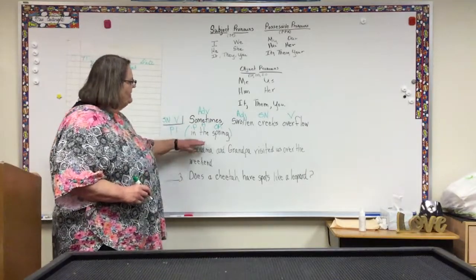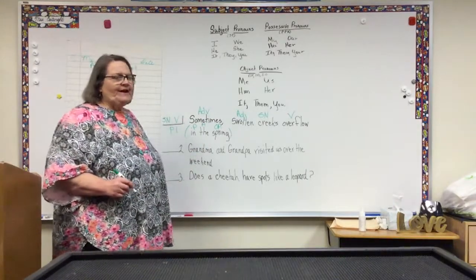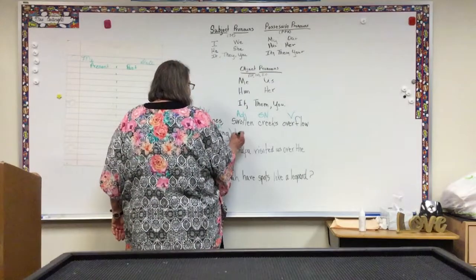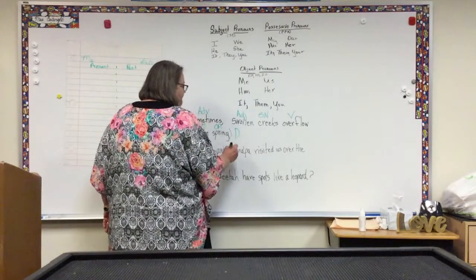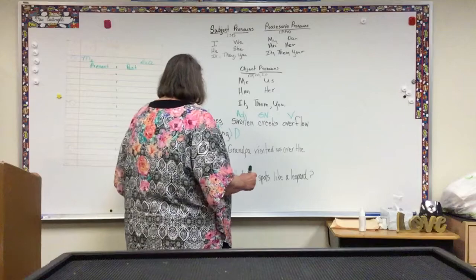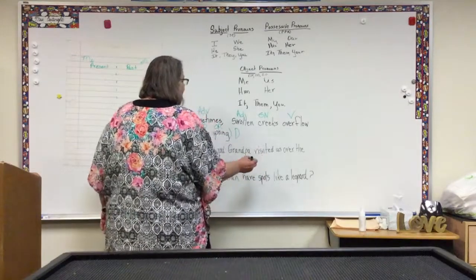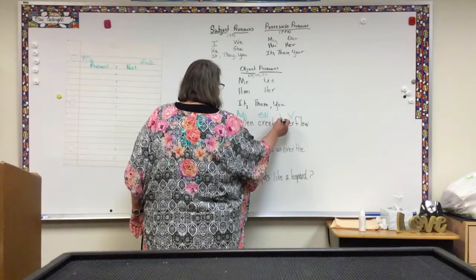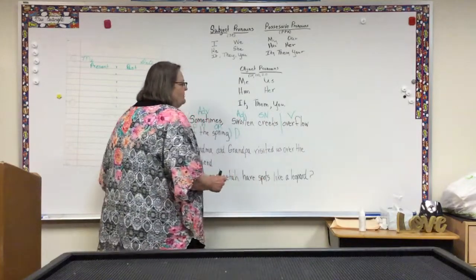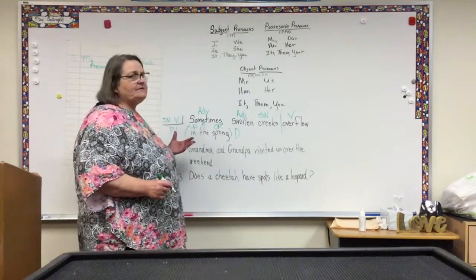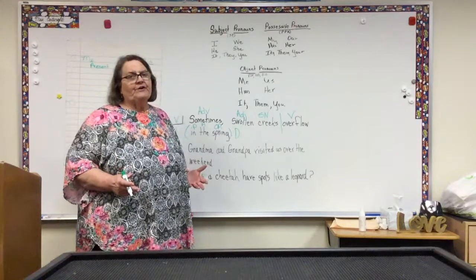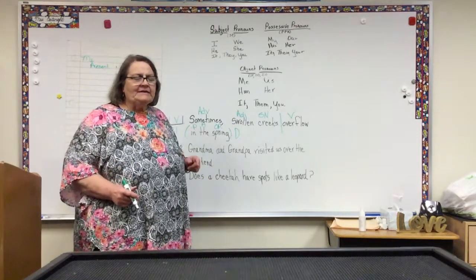Skill check. In the spring, prepositional phrase, period, statement, declarative sentence. Go back to the verb and divide the complete subject from the complete predicate. Is this sentence in natural or inverted order? Inverted.